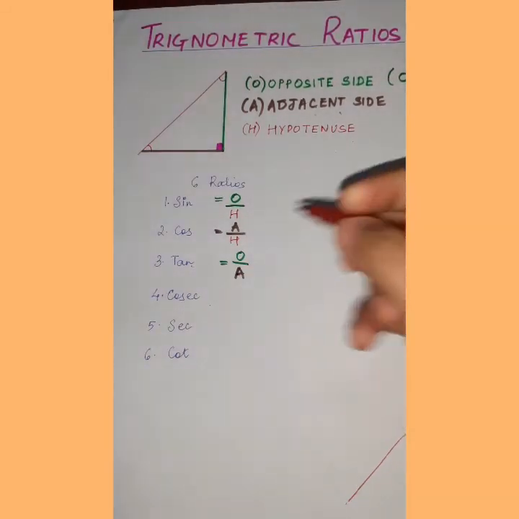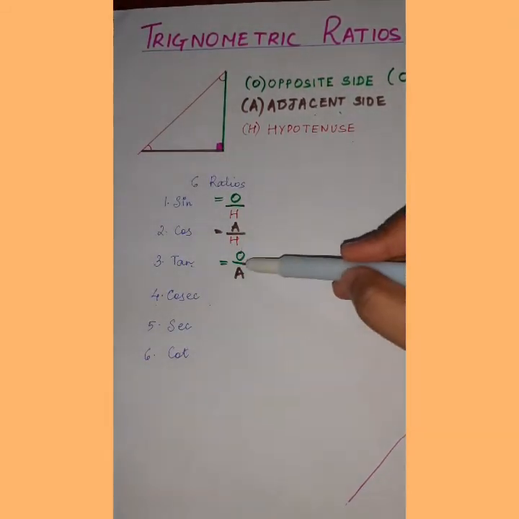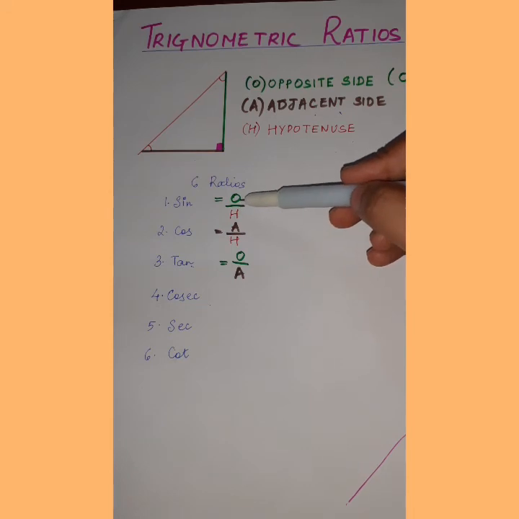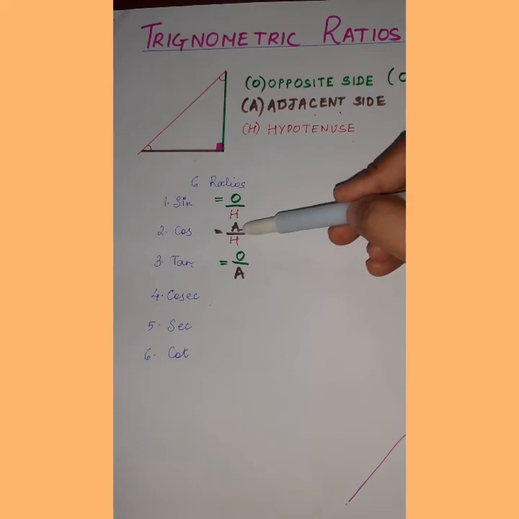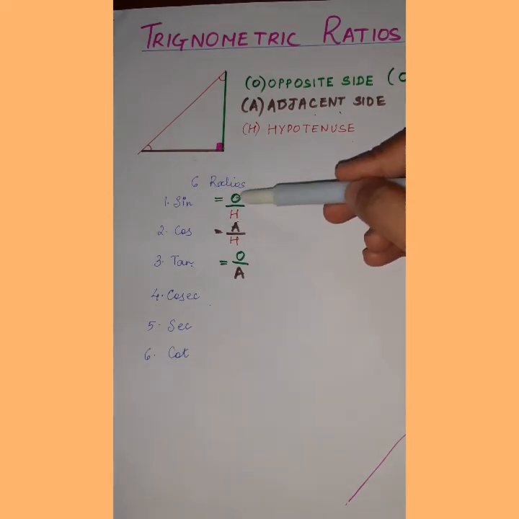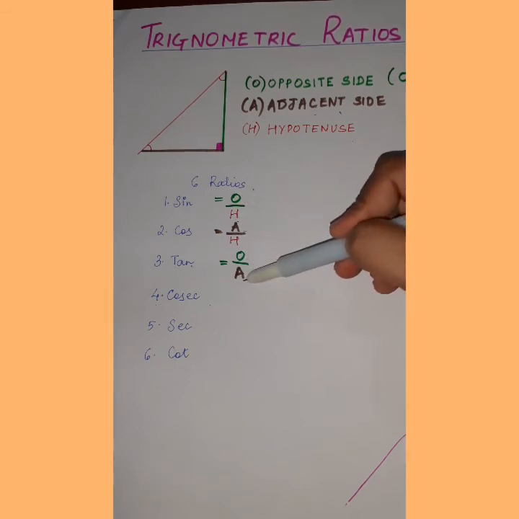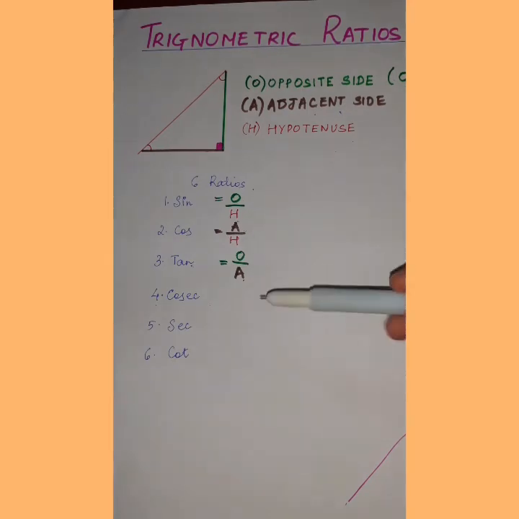You can also write it by looking at these two, because the top part of sine is opposite and of cos it is adjacent. So we just write the numerator parts of both these functions, O from sine and A from cos, that is O upon A.